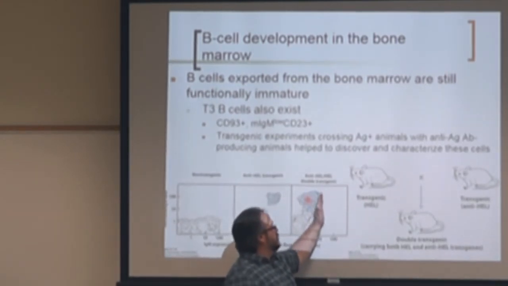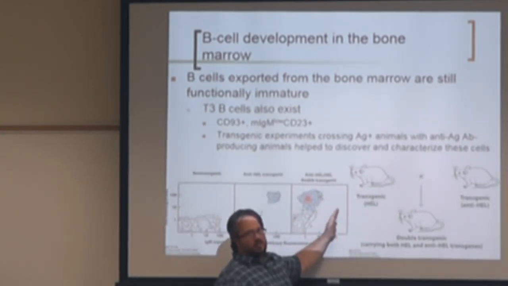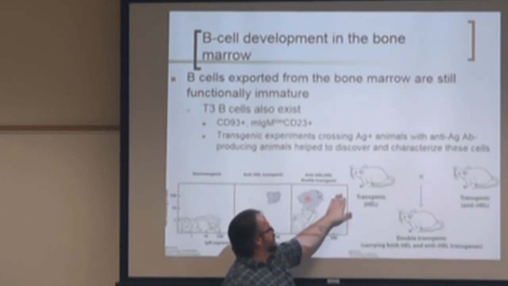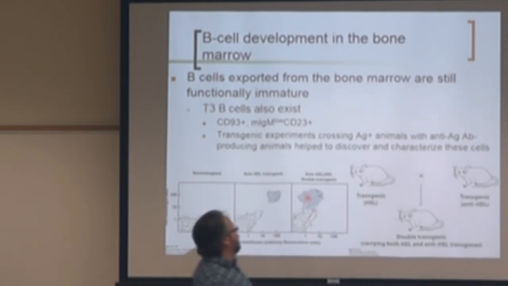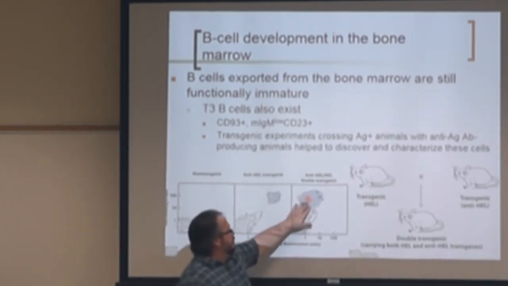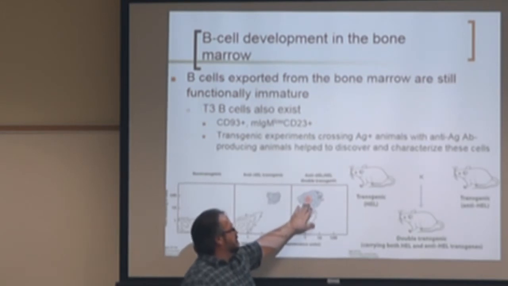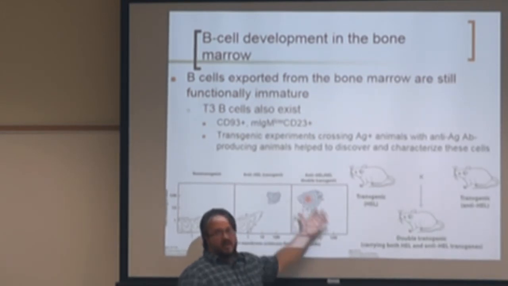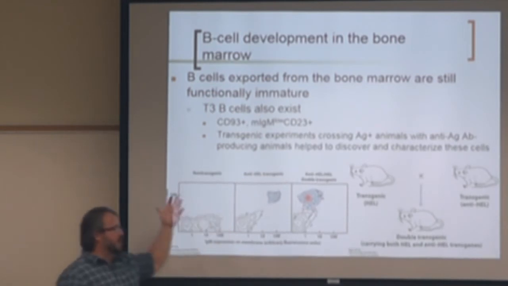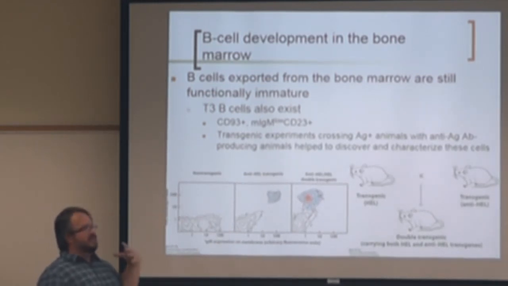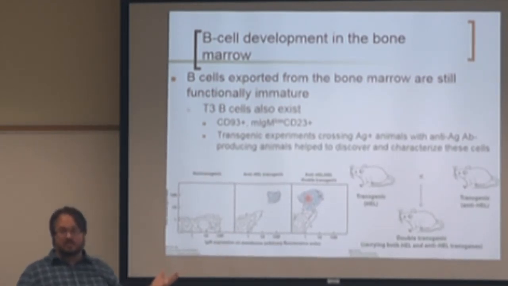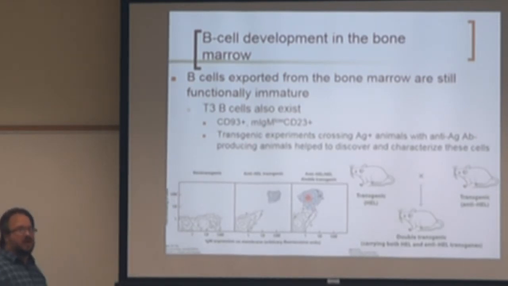The fact that no antibody binds means there's no IgM, because they would be over here if there was IgM. So these are specific to the antigen but don't have any IgM, and they've been classified as these anergic cells. They're not as functionally important because they're not supposed to function.